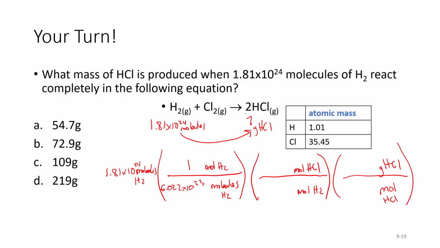There's a number 2 in front of HCl, and there's an imaginary number 1 in front of H2. Here we're converting between moles and grams of the same substance. 1 mole is equal to the calculated mass from the periodic table. So we have 1.01 times 35.45. And we get 35.8045.